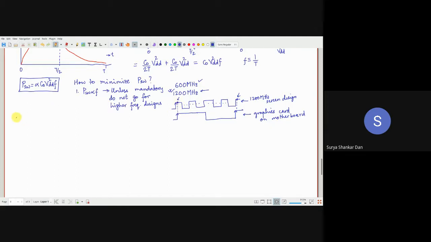Number two, what is that? VDD can be reduced, and that is clearly a big advantage, because we know that power is proportional to VDD square. But what is the problem of reducing the VDD?